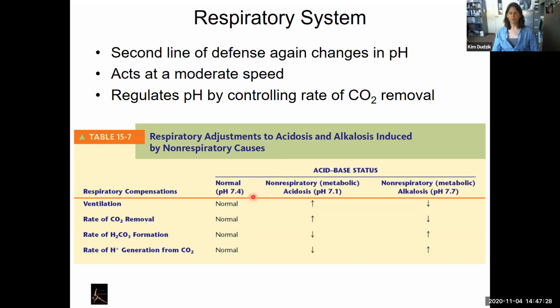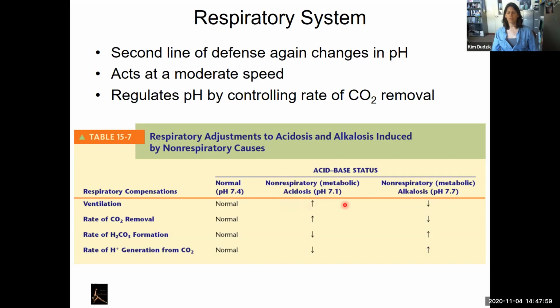So at normal pH of about 7.4, the ventilation rate is normal, the rate of CO2 is normal, the rate of carbonic acid formation is normal, and the rate of hydrogen generation from carbon dioxide is normal. But then as you get into acidosis, when your pH begins to fall, look, we're at 7.1 here. That is outside of normal range. Remember, the lower range of normal is 7.35.